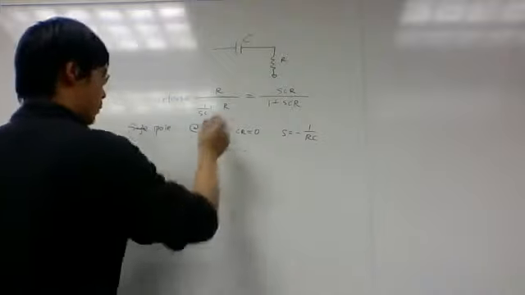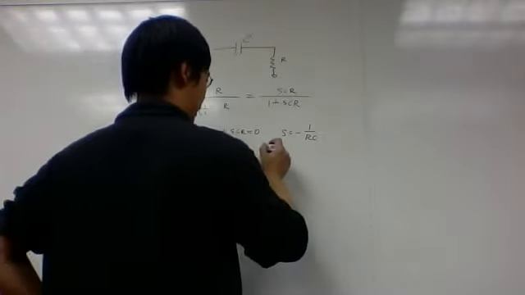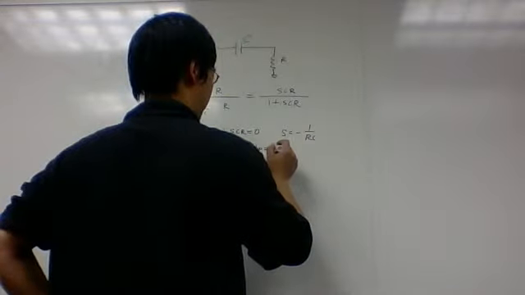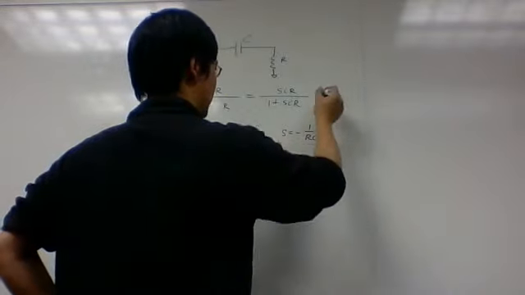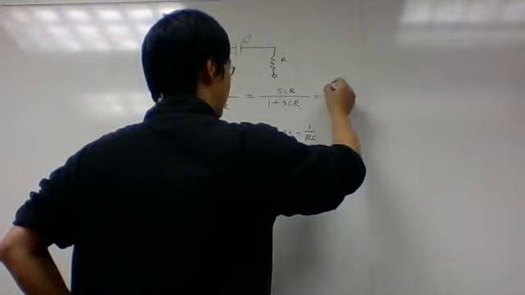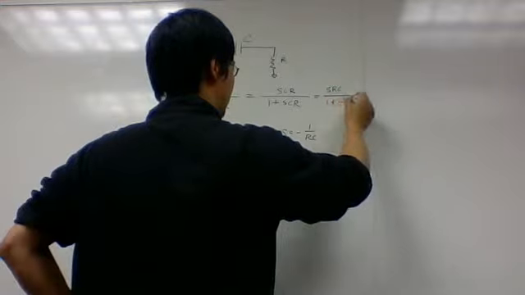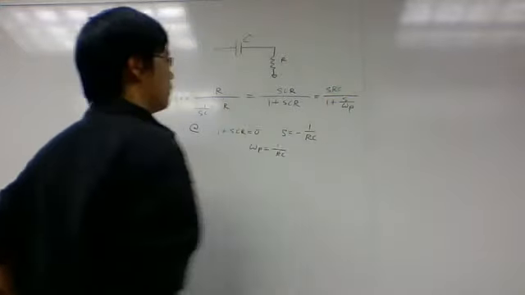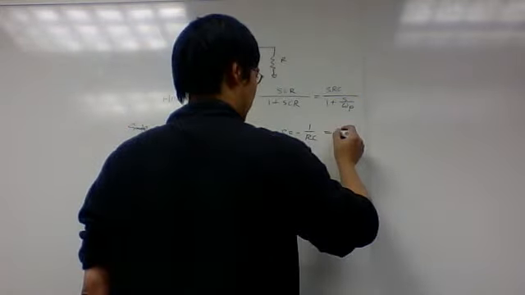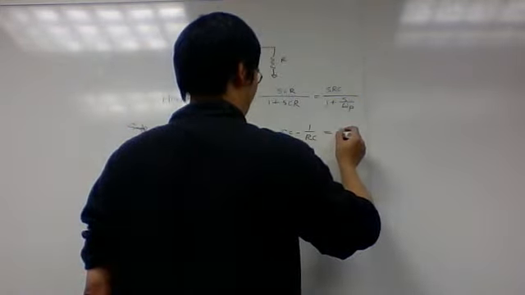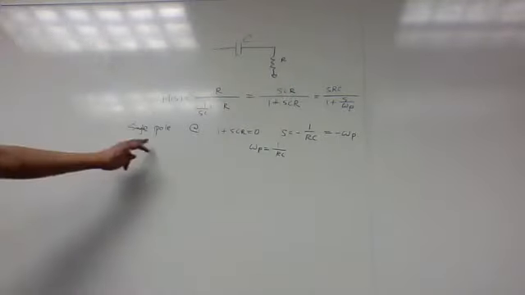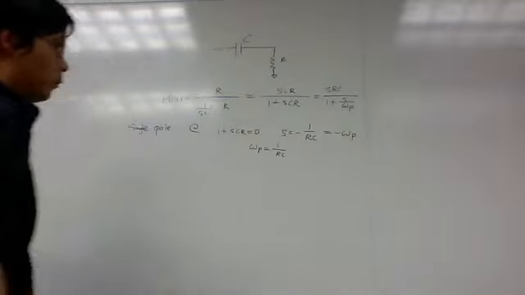Okay, so if we define omega p as 1 over RC, then H of S is SRC divided by 1 plus S over omega p, right? This is the same as before, so it has a pole at omega p.